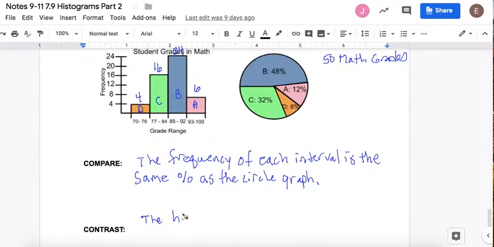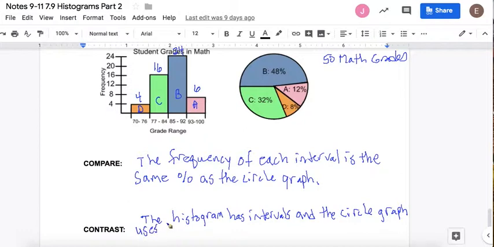The histogram has intervals and the circle graph uses percentages.